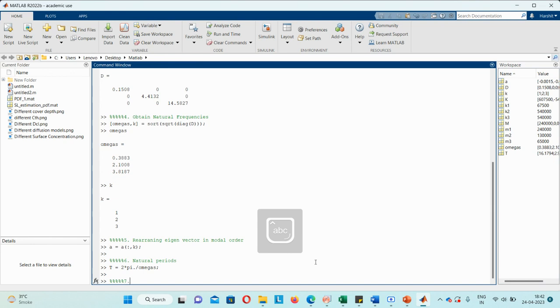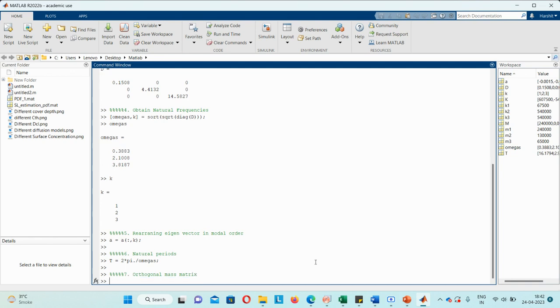Step 7 is to obtain the orthogonal mass matrix. We will denote the matrix by AMA, which is given by diagonal of A transpose times M times A.